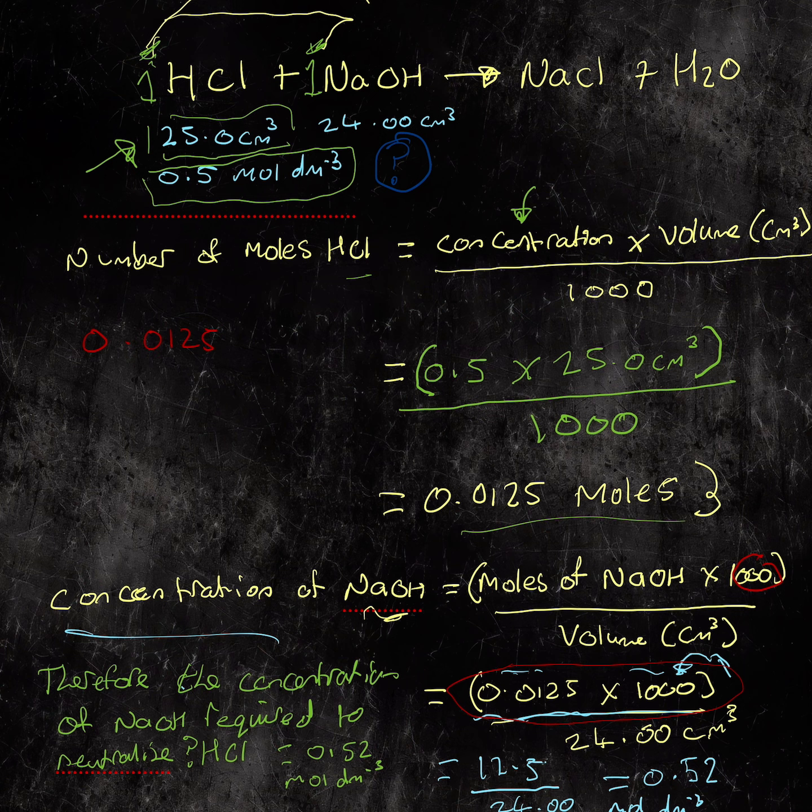But if you didn't, you'd have this number here divided by 24.00 cm cubed, and that would equal 0.0005, which equals 5.20833 times 10 to the minus 4 in scientific notation.